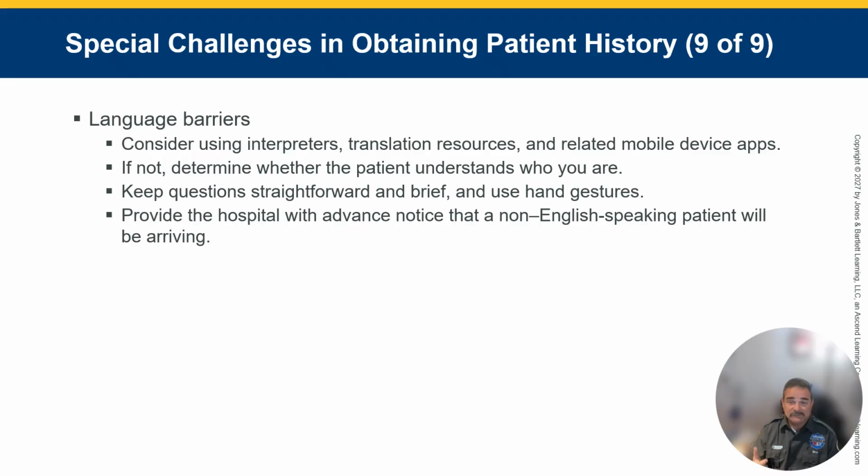This happens. If you can, learn some of the local language, which helps you identify certain things like chest pain, shortness of breath, abdominal pain, and let them point to the area. Keep questions straightforward and brief, use hand gestures, and get somebody who can speak the language to help you out.